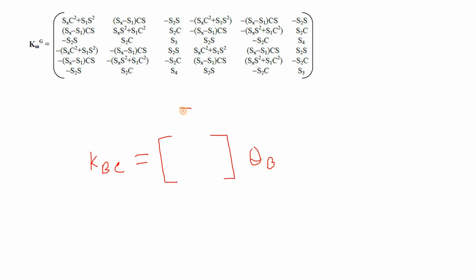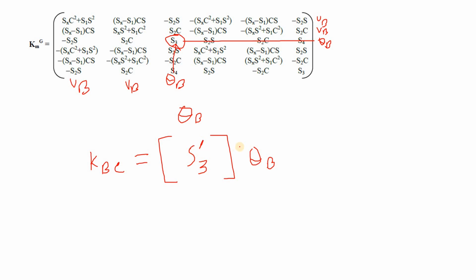Theta B, theta B. And since B is the first point, this is UB, this is VB, and this one is theta B. Similarly, here it becomes UB, VB, and theta B. So this row is theta B row. So you get theta B row, theta B column. If we intersect it, we're getting S3. So we're going to write up S3 here, but this time we're going to denote it as S3 prime.